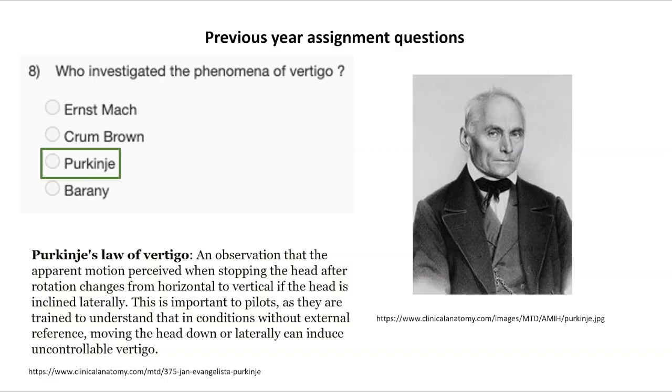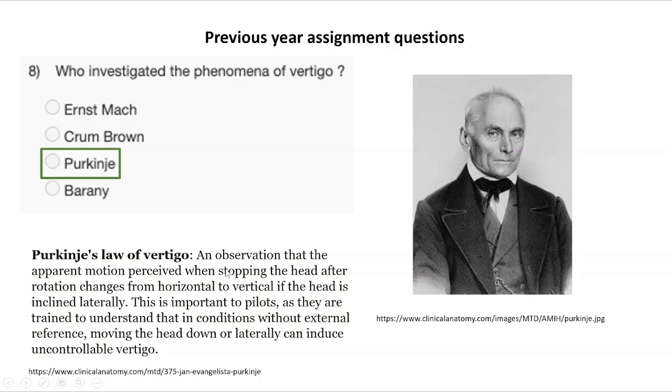If an individual is placed with the head in a particular orientation and is rotated, and then the rotation is stopped, when the person has become stationary again, the motion they perceive depends upon how the head was oriented.